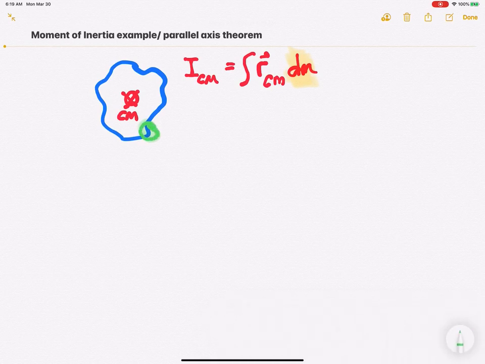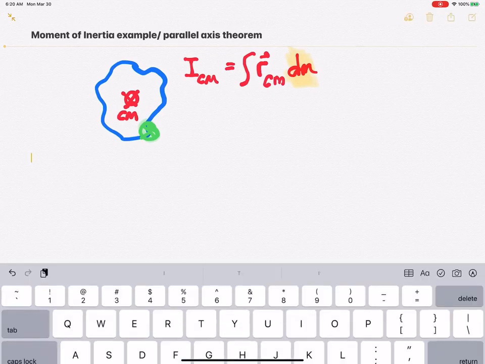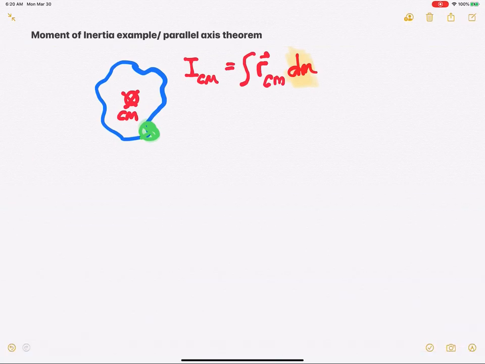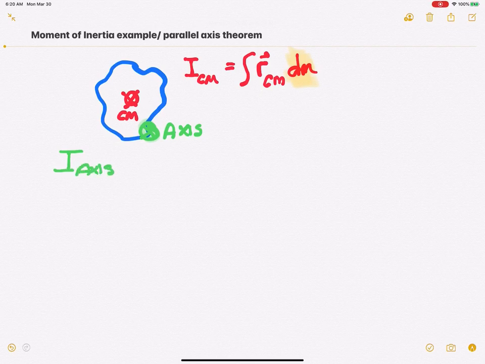If this corner down here is our axis of rotation, so what we need then is the axis of rotation.